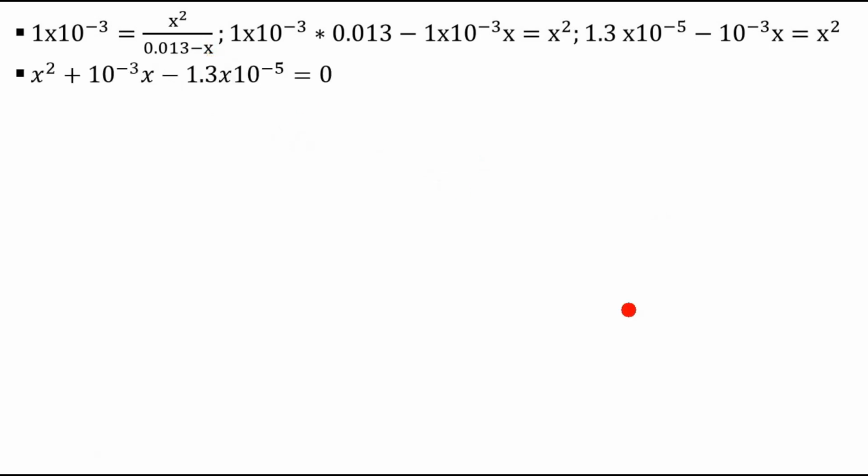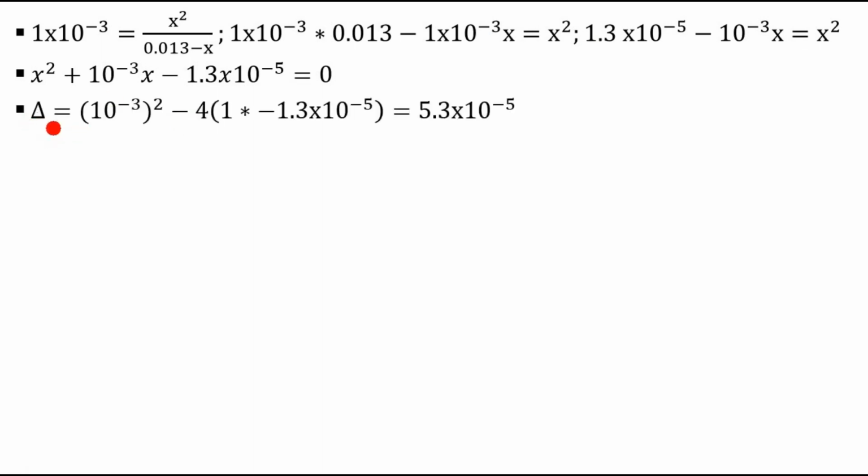We do some rearrangement and then obtain the quadratic equation. After getting the quadratic equation, we look for the discriminant. The discriminant is equal to b squared minus 4ac. So this is c, this is a, this is b. When I'm talking about b squared, I'm talking about this term squared, minus 4 times a, which is 1, times c.